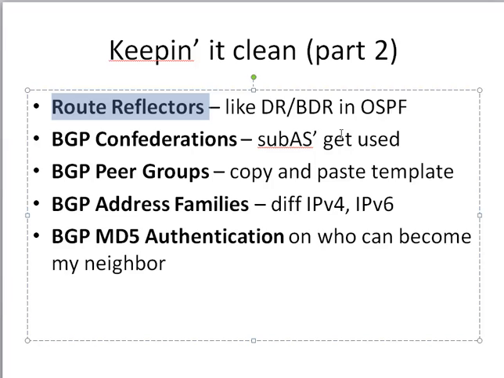Instead of having TCP connections between all your BGP routers in your domain, you can decide to have one router be the main one that updates everybody else, and you have a passive standby backup, as the name implies, to take over the updates in case the main one goes offline.